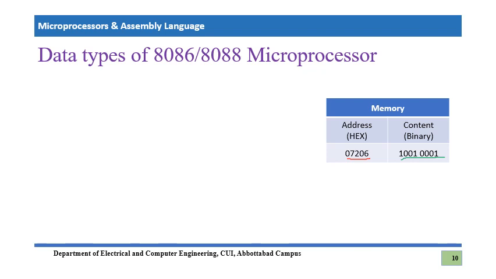This time the data is shown in binary. The question says packed data is stored at 07206H. So we are told that it's a BCD number in the packed format stored at this specific location. Can we determine what the BCD number is?